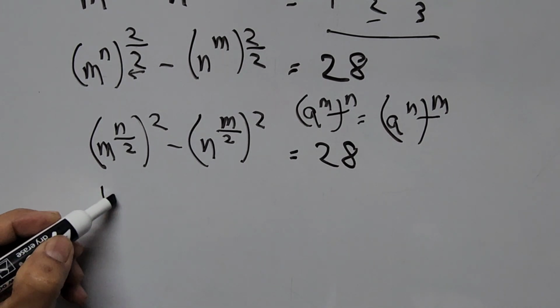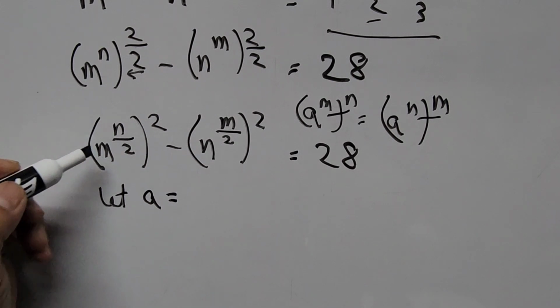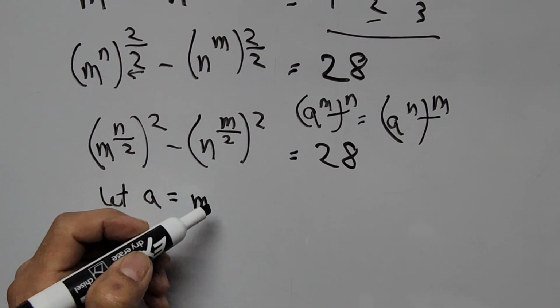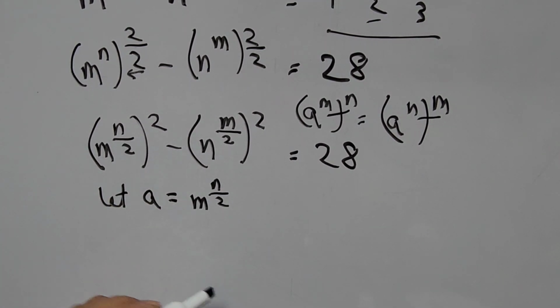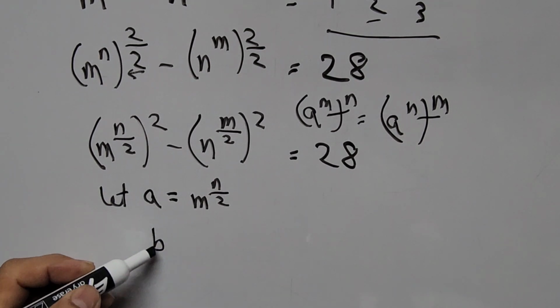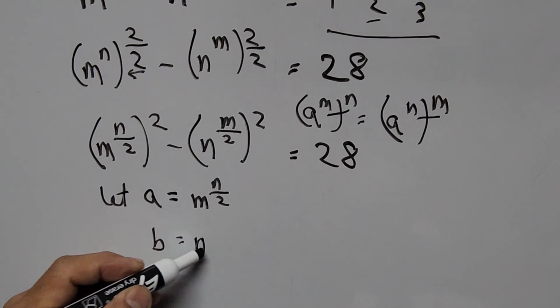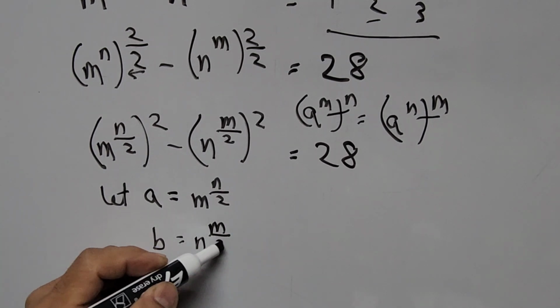So let a be equal to this value, m to the power of n over 2. Likewise, the second term, designate b as equal to n to the power of m over 2.